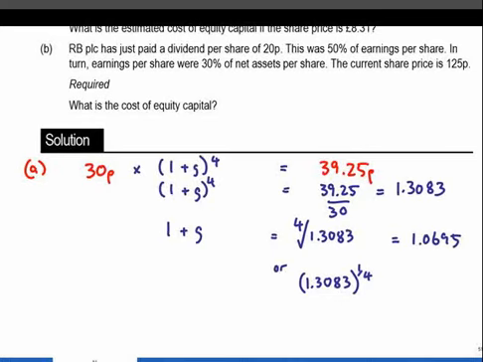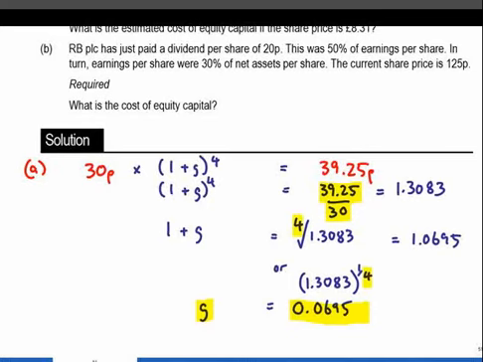So with this technique, we are taking the latest dividend, comparing it to the earliest dividend, and then either taking the nth root or to the power of 1 over n, where n is the number of years that we're looking at.